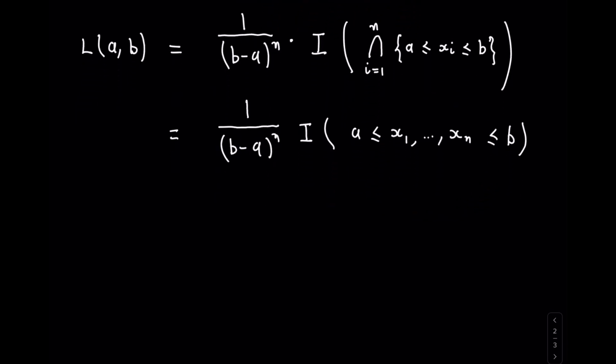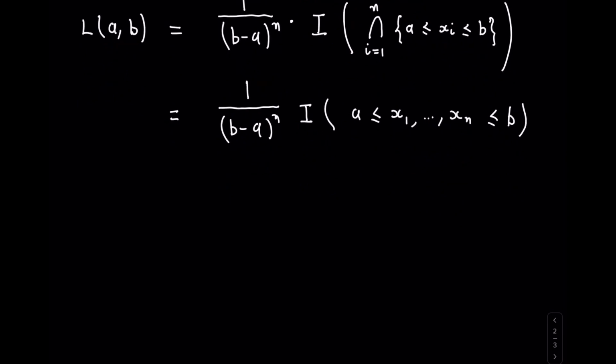And we can actually further simplify this a little bit, which is nice. We can say this is equal to, again, 1 on B minus A to the power of n.